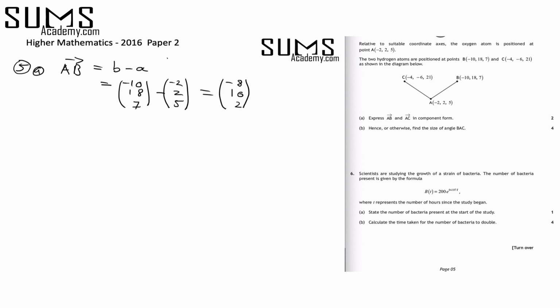Okay, so that's your first one. And then it asks us to find AC, exactly the same way, equal to C minus A. So C is (-4, -6, 21) minus (2, 2, 5).